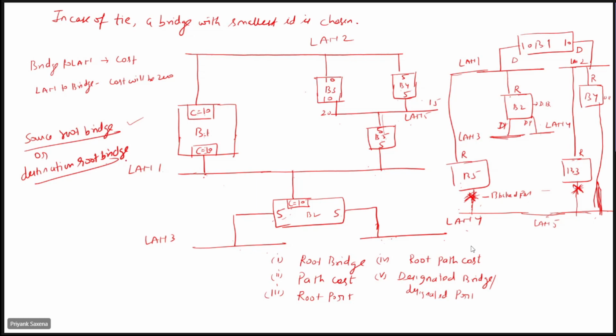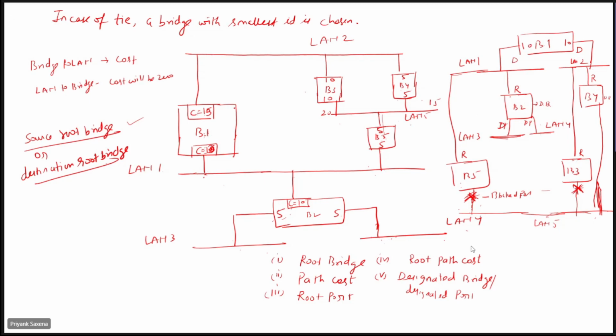The idea is the same. Here we are reaching from B1 to everyone, and the cost will be different now, because here the cost is the same. In the question you asked, you have chosen the same cost. If the cost is different, say this is 10 and this is 15, what will happen?